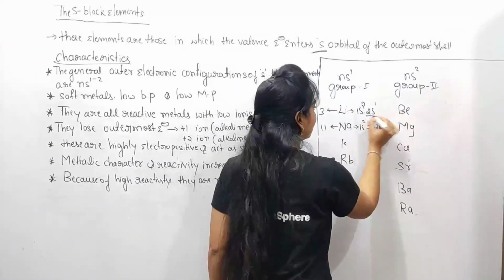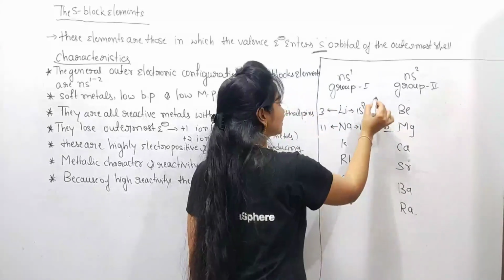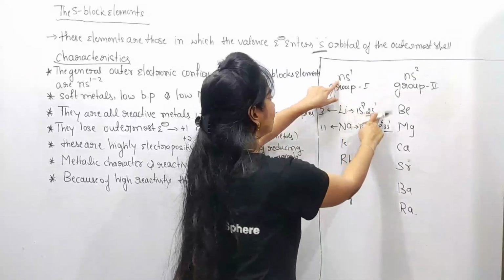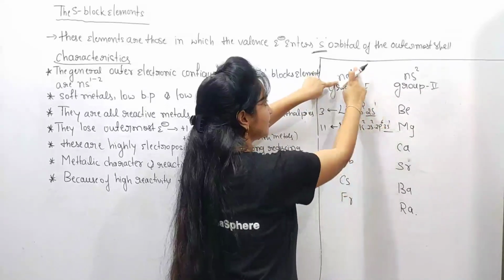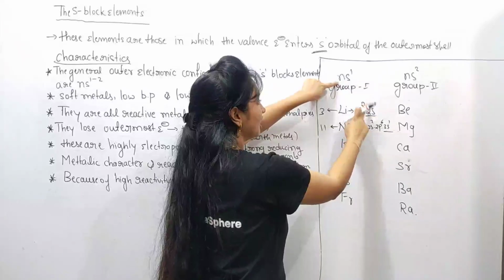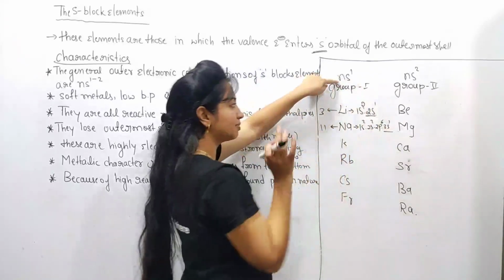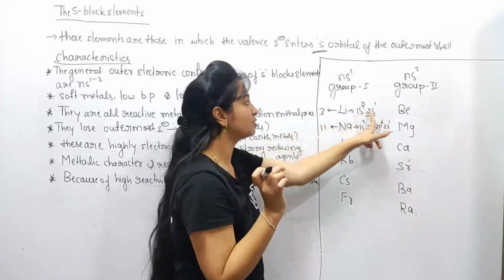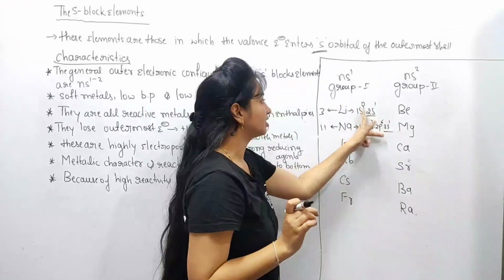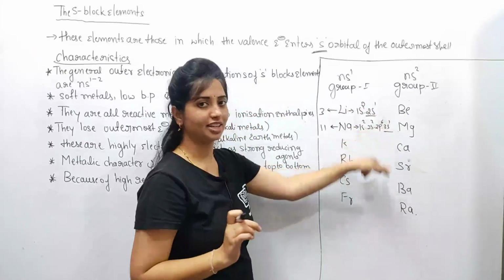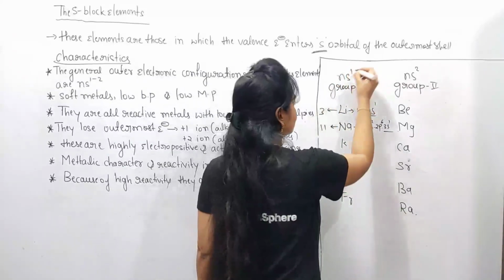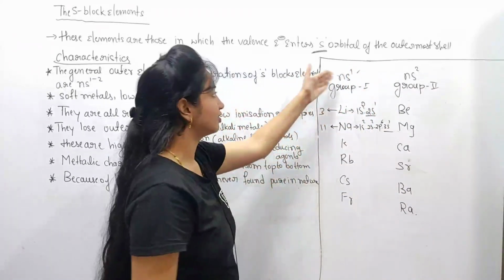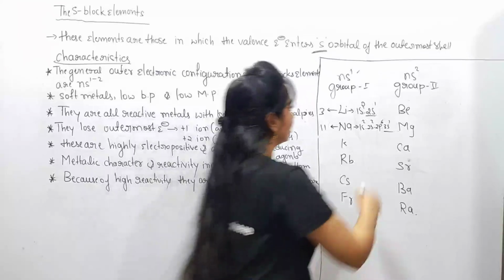Just observe their outermost shell, 2s1, in the form of ns1. Already you know that n indicates the principal quantum number of the outermost shell, and the n value indicates the period number. Thus the general electronic configuration is in the form of ns1.